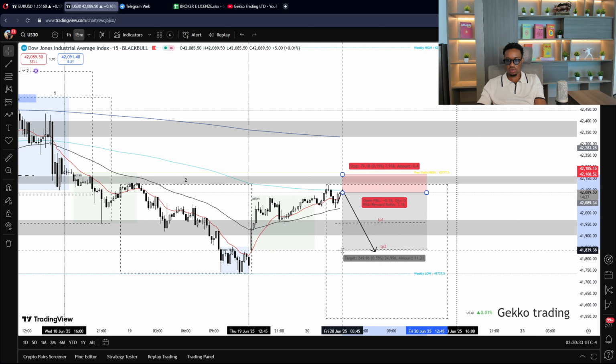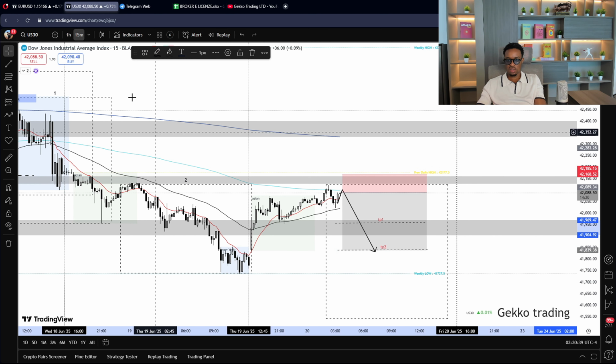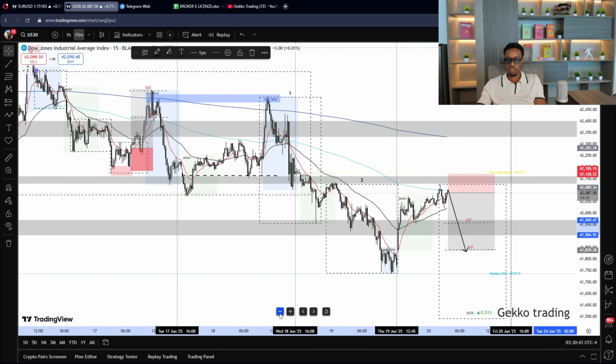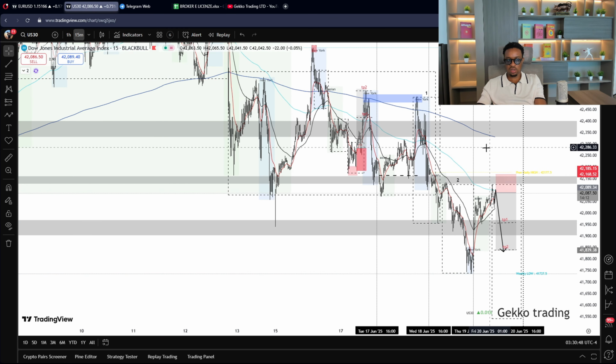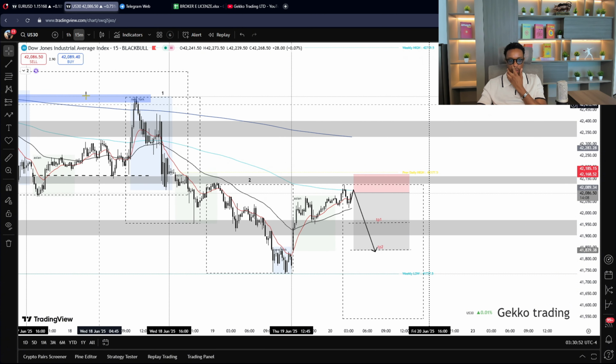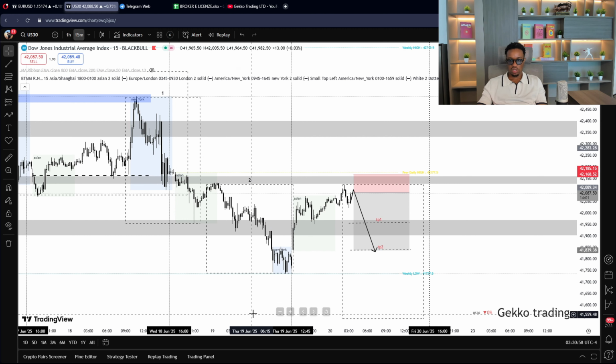But for now, since it's Friday, I usually don't like to trade on Friday, because usually they like to reverse and close in the mid. If price was dropping the whole week, they like to reverse and close within the range. So at this specific point in time there could be a possibility of them doing that just to close the week within range.